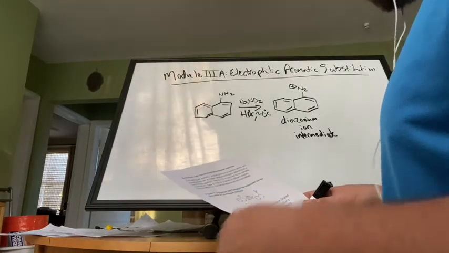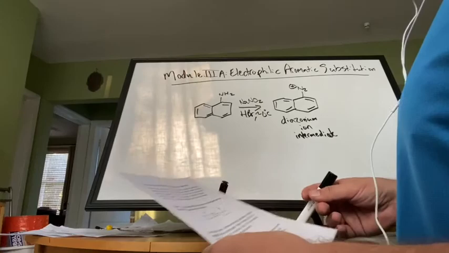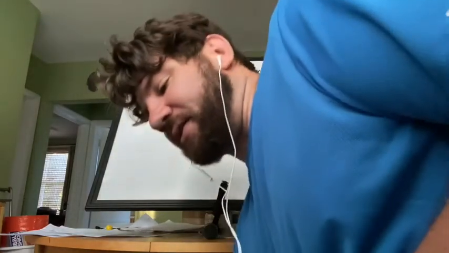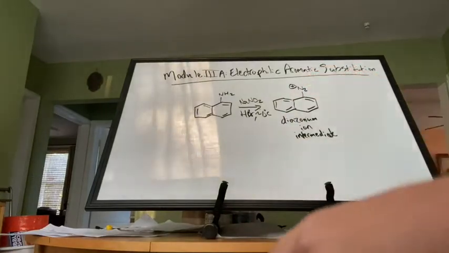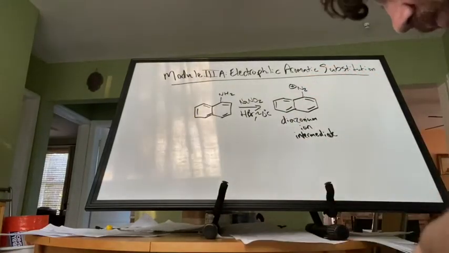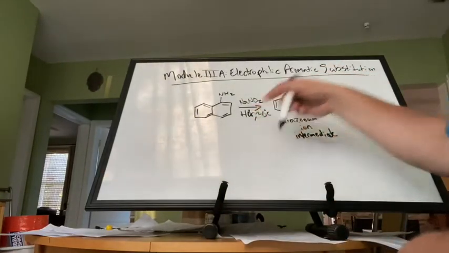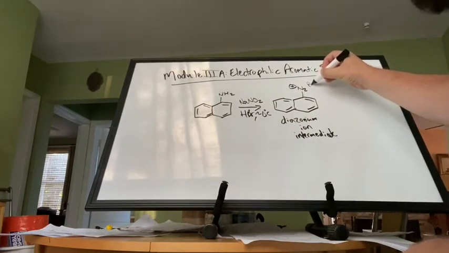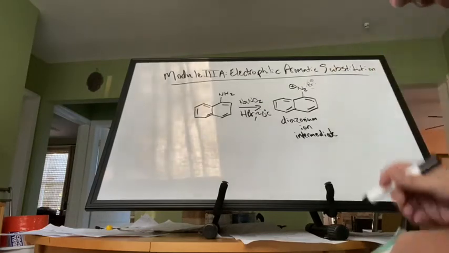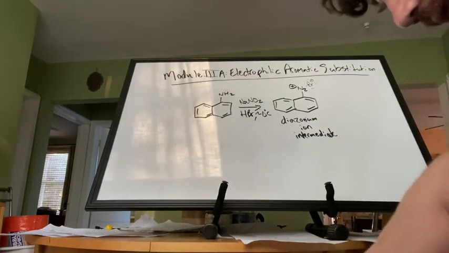But for now, let's just look at some of the different possibilities on page 1132 with this diazonium intermediate salt. So something like Br minus would stabilize this. Right. So you're wondering where that countercharge is going to stabilize. That's where it's at.